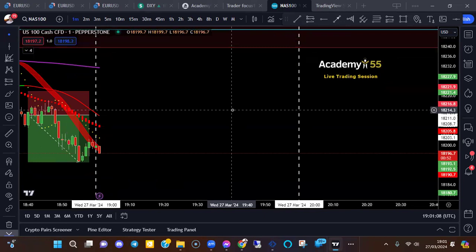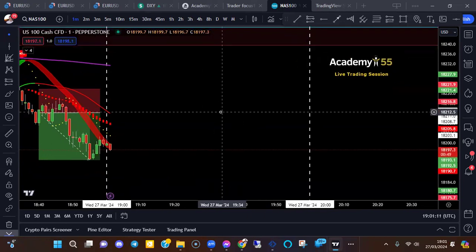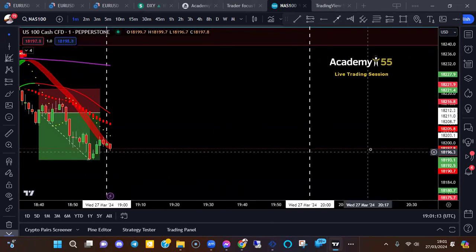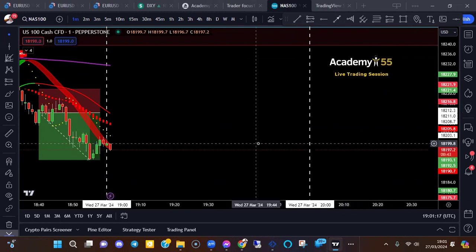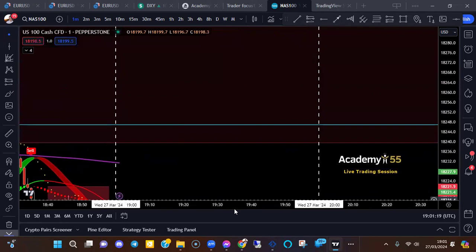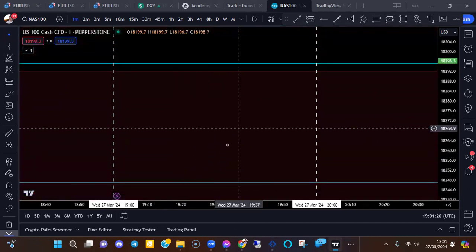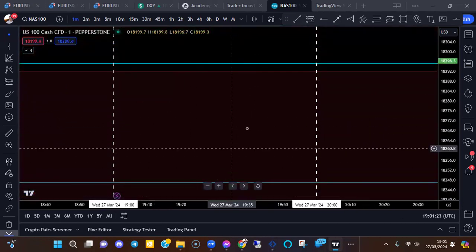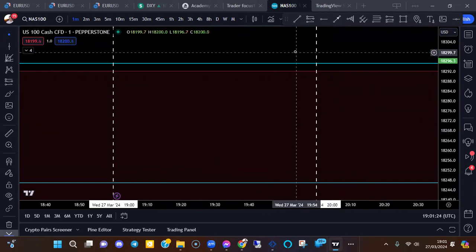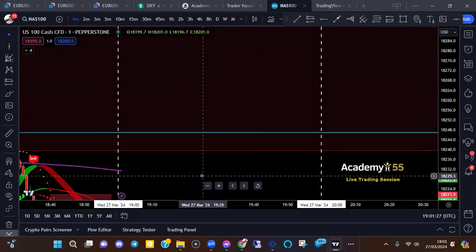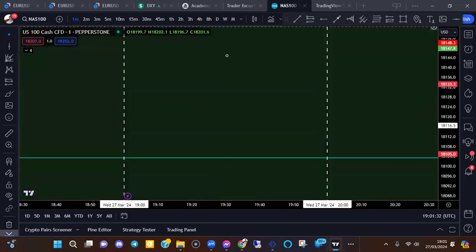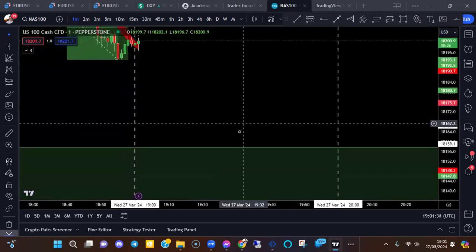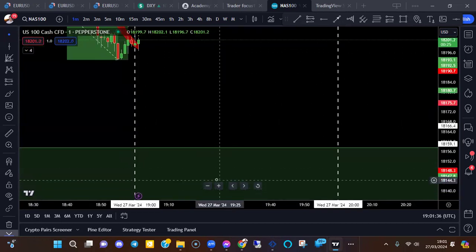So we are now waiting for a situation where things change for us. Once again, we've got a large area of imbalance that needs to be filled above price, and we have an even larger area of imbalance that needs to be filled below price.